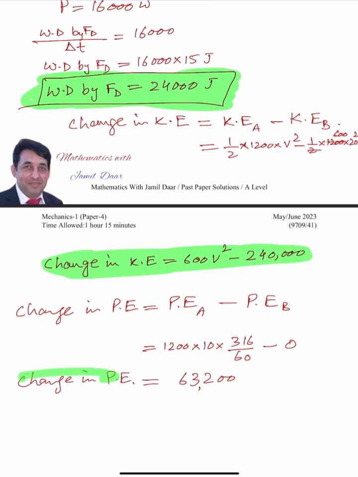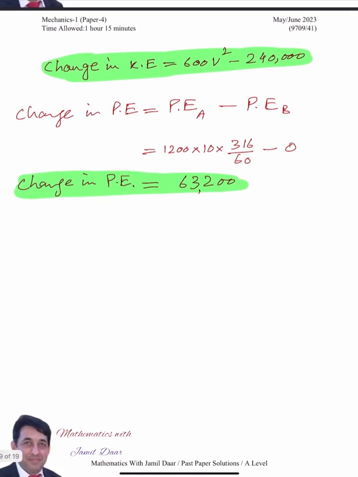So now we'll write down the formula and substitute in that. Work done by the driving force minus work done by resistance force is equal to change in kinetic energy plus change in potential energy.